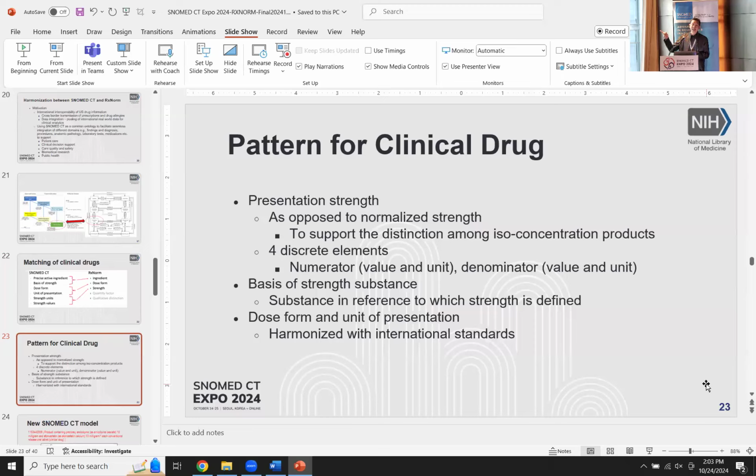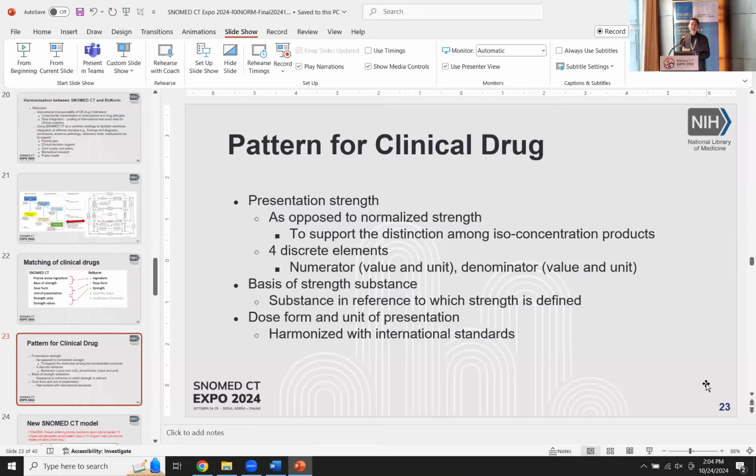Remember the earlier slide I showed about different ways of representing digoxin 0.25 milligram per mil, and there can be a branded version of that same drug that says it's 50 microgram per 2 mil. Basically, it's the same concentration, but they represent different products. So SNOMED is representing the presentation strength, and they're not collapsed down to the normalized strength. We can make sure that that is taken care of in the matching process.